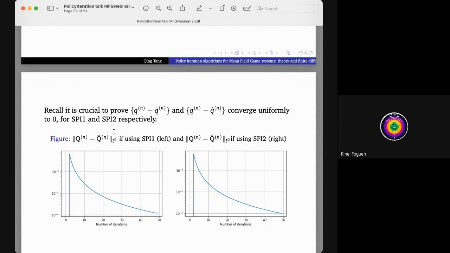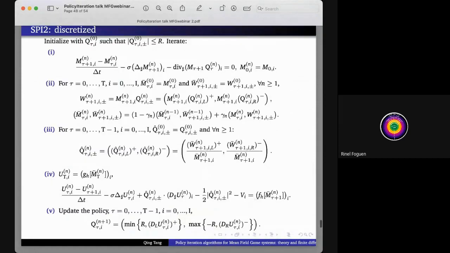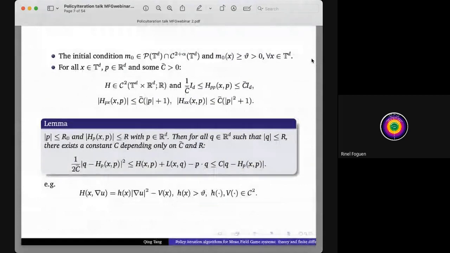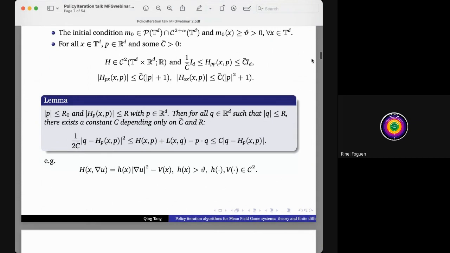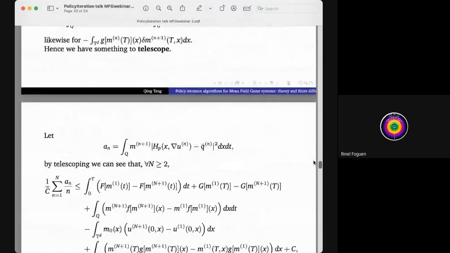Since you have these assumptions on the Lagrangian, wouldn't it be easier, instead of simulating the policy, that is the feedback function, in time and space, to do that only through time, taking, instead of x, the actual state of the agent X_t, so that you just have to simulate a trajectory, because you have nice assumptions? Have you tried it?